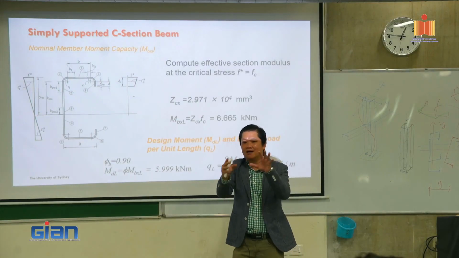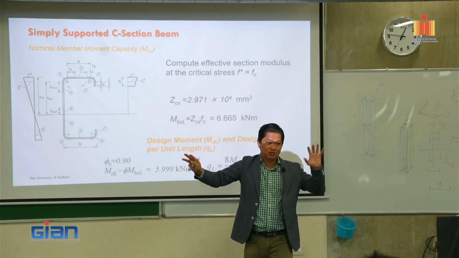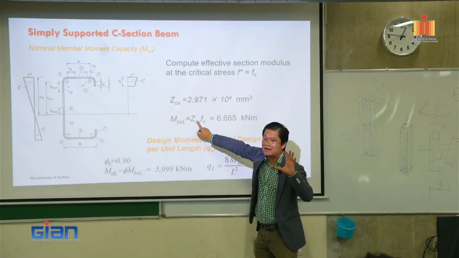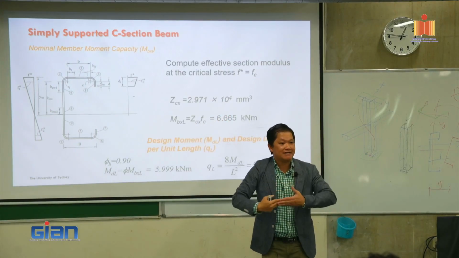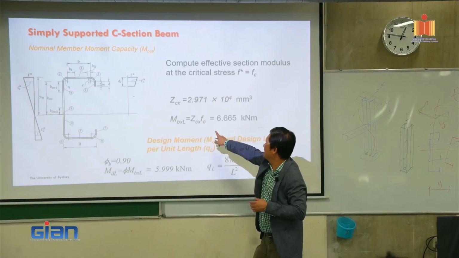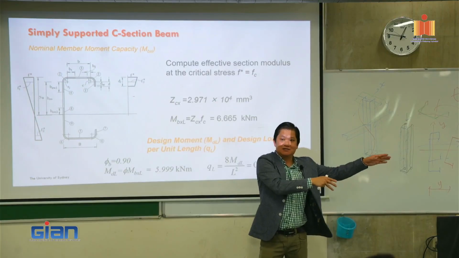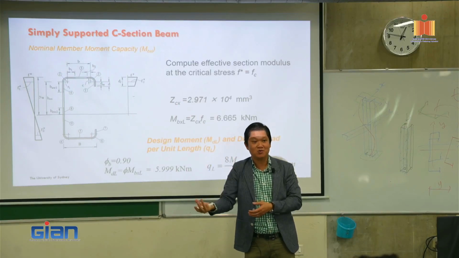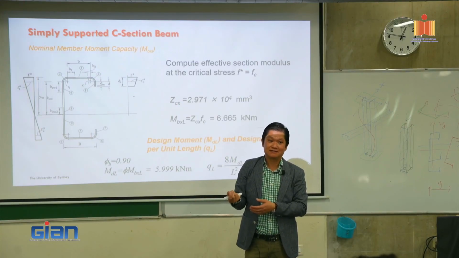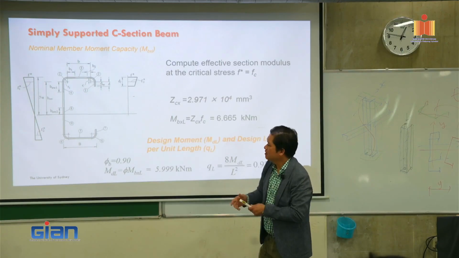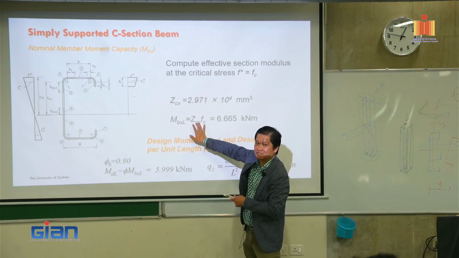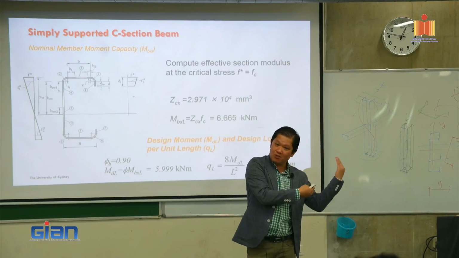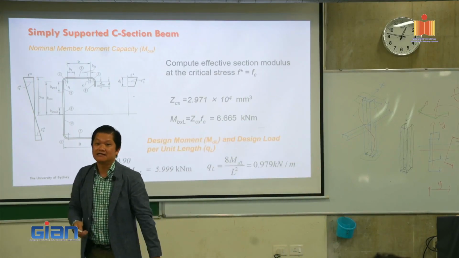The procedure is exactly the same, but you need to work out two effective section moduli. One is when the buckling stress is at FC. And the other one is exactly the same, but when you calculate with the buckling stress equal to Fy. So that is the difference. This one is for when you calculate the member capacity, but the other one that we did, we can calculate the section capacity, right?